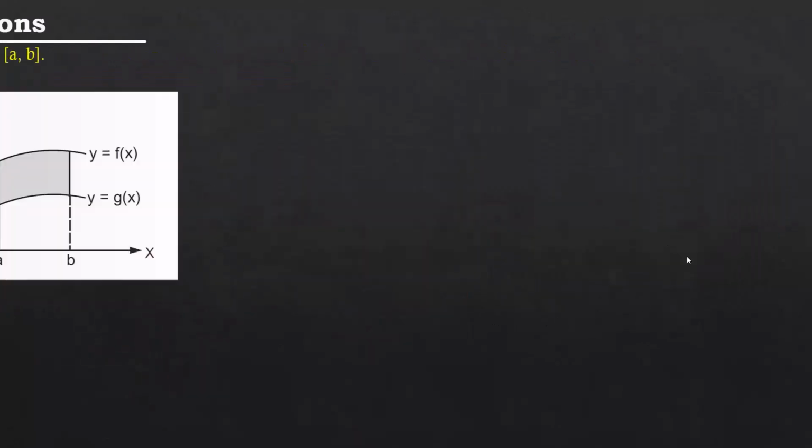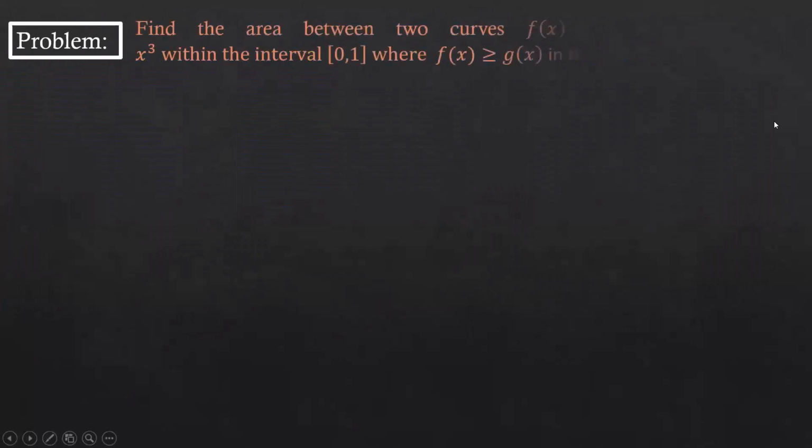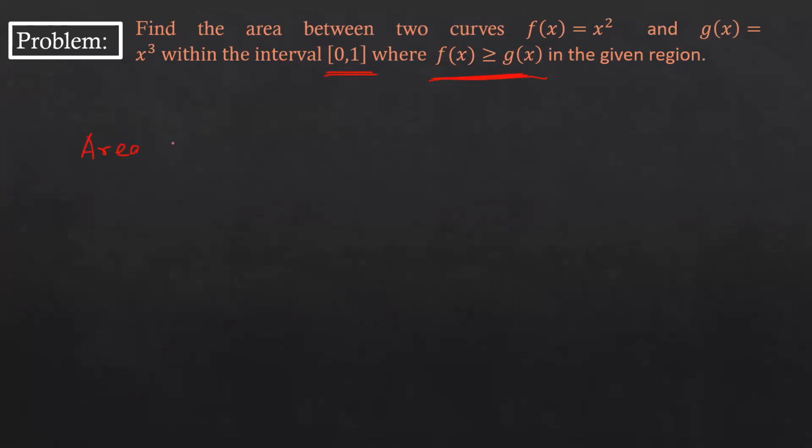So in this type of problem, what you have to do, suppose this is a problem, f of x is x square and g of x is x cube, and f of x is greater than or equal to g of x in this interval 0 to 1. So your area will be what? Integration over 0 to 1 of f of x minus g of x dx. That means integration over 0 to 1 of x square minus x cube dx.